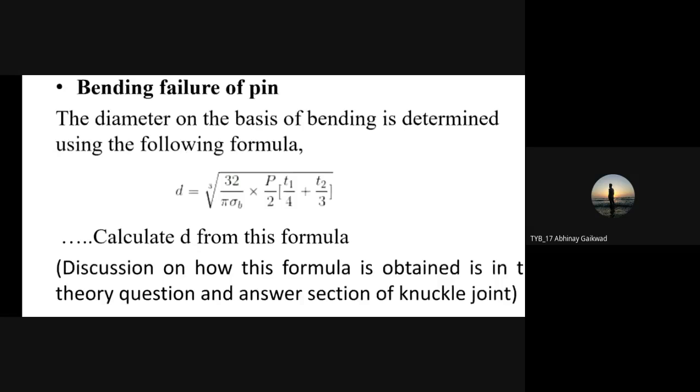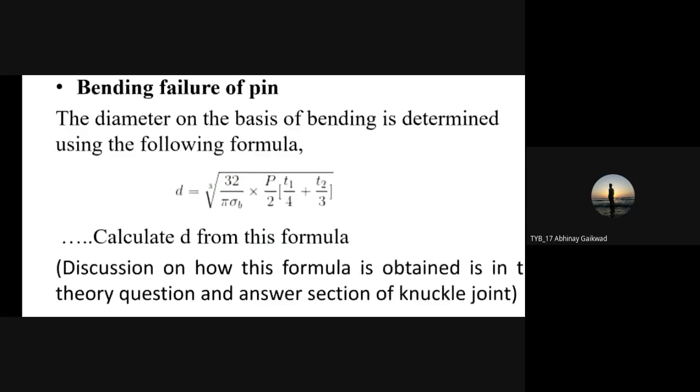Can anybody of you tell me? We have learned this thing. Bending means what? Whether we have a separate bending stress or it is a combination of tensile and compressive stress. It is a combination, right?